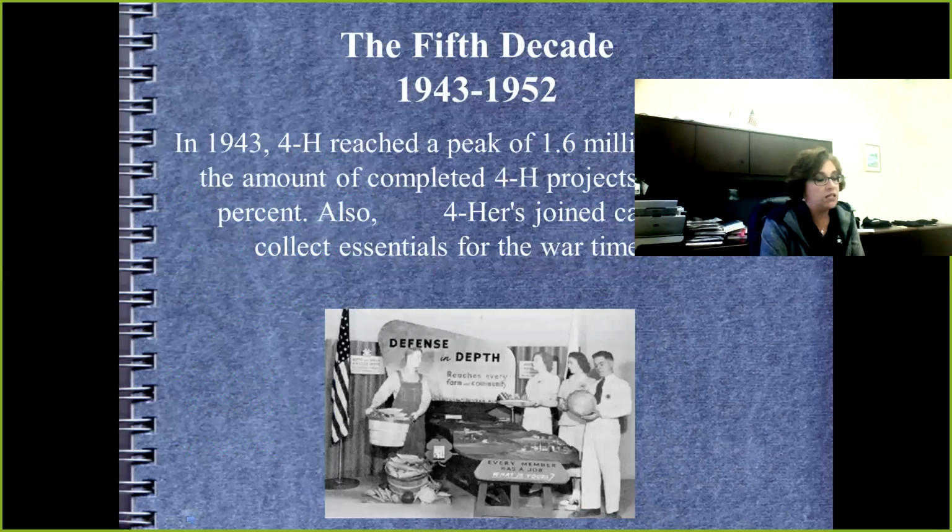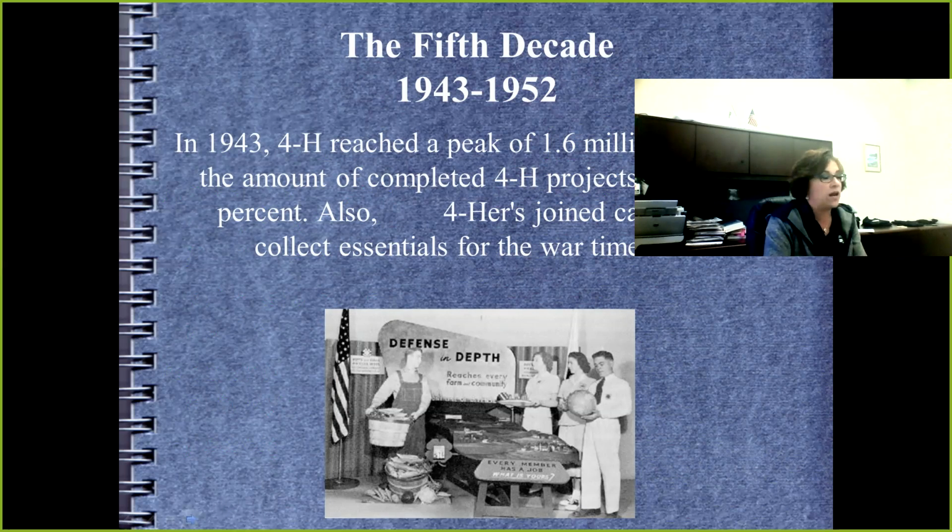Okay, so in 1943, 4-H reached a peak of 1.6 million youth. In 1945, about 76% of young people completed their projects, and at this point is when they started campaigns to collect essential elements during the wartime.